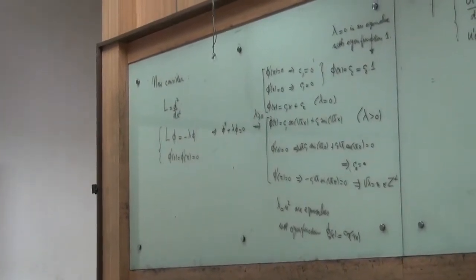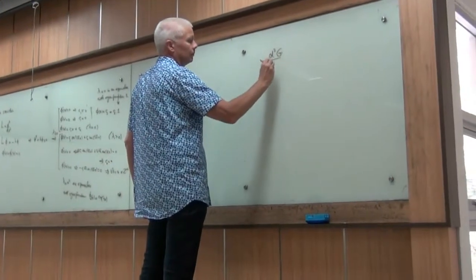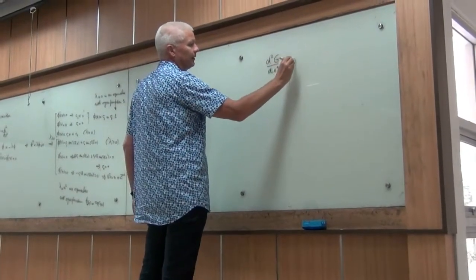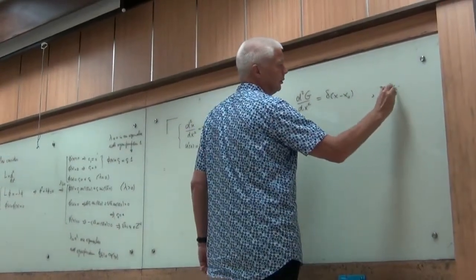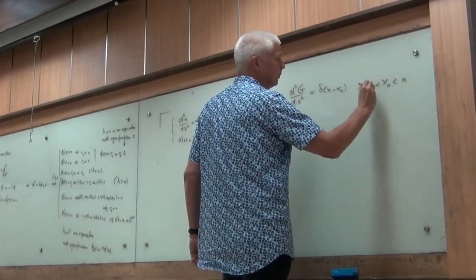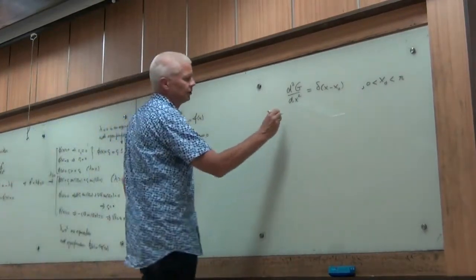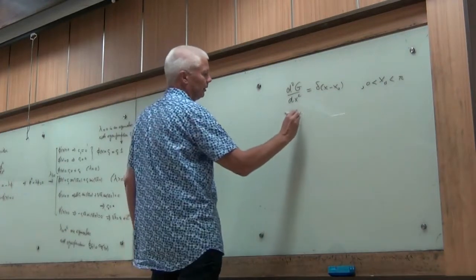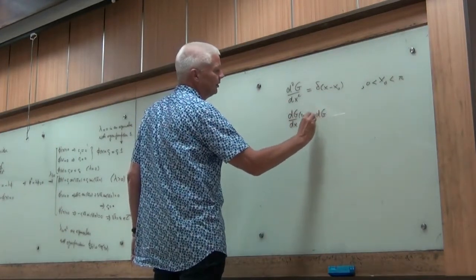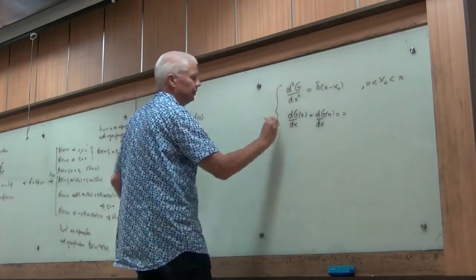The Green's function has to satisfy the same differential equation, but in the right hand side the delta function, where in this case x0 is somewhere between 0 and pi. And I have as conditions dg/dx at 0 is equal to dg/dx at pi, and that's equal to 0. So I have to solve this problem.